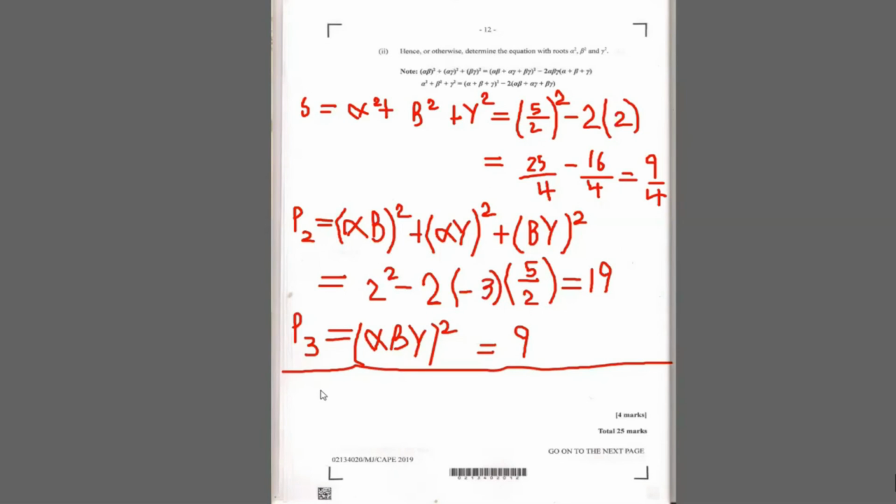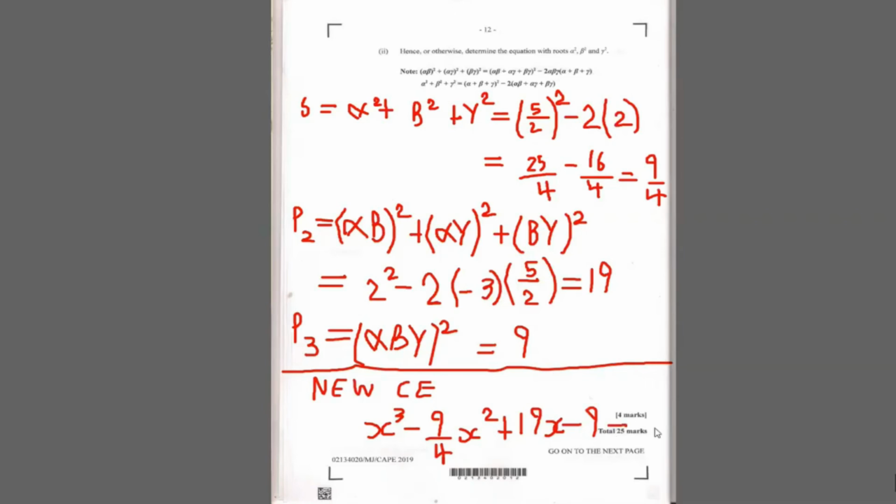So the new cubic equation, the new CE, is given by x cubed minus the sum of the roots, so x cubed minus 9 over 4 times x squared, plus the product by 2, which is plus 19x, minus 9, and that's equal to 0.